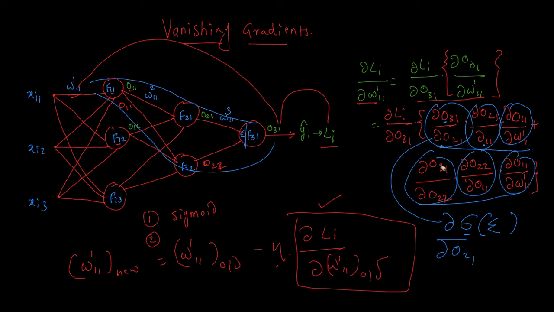Now let us assume this is 0.2, this is 0.1, and this is 0.05. If I take the multiplication of these, because we are multiplying these derivatives, this will be 0.001. Similarly, if I assume some value here, again the derivative of sigmoid is less than 1, so it's a fraction of this kind.